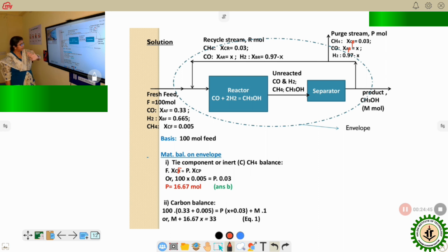That is the mole fraction of methane in the P stream. So finally we get P equals 16.67 moles, which is the answer of question B actually.